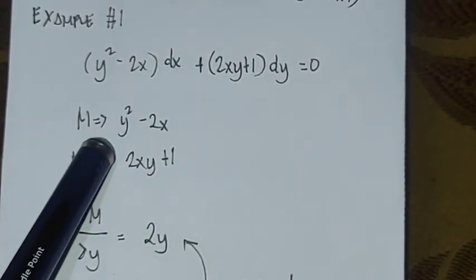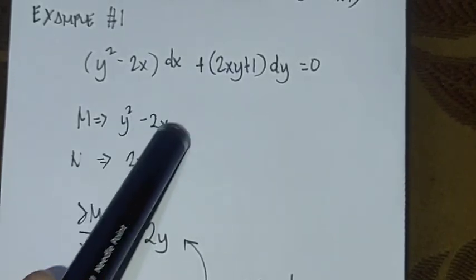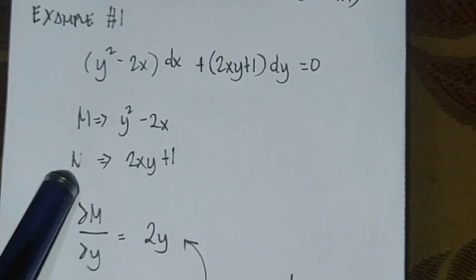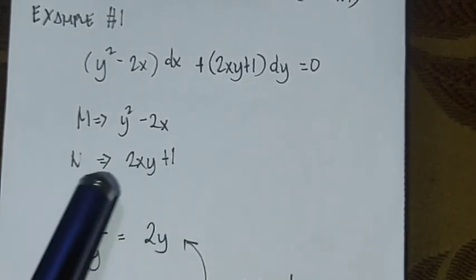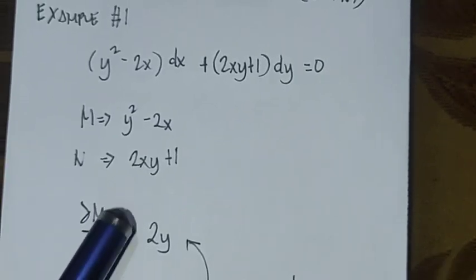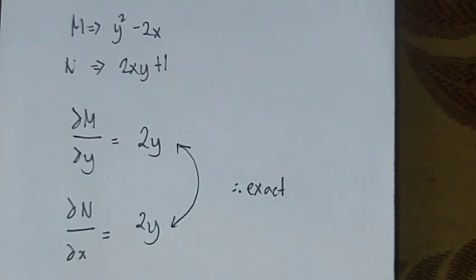Ito is magiging 2y lang. Tapos ito 0 na since derivative ng constant is 0. Partial naman ng N with respect sa x. So, ito constant 0 na. So, ano yung derivative ng 2xy with respect to x? 2y. Kaya, parehas yung partial of M tsaka partial of N. So, meaning, exact yung equation.